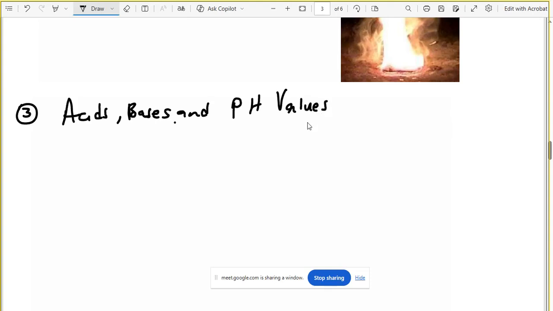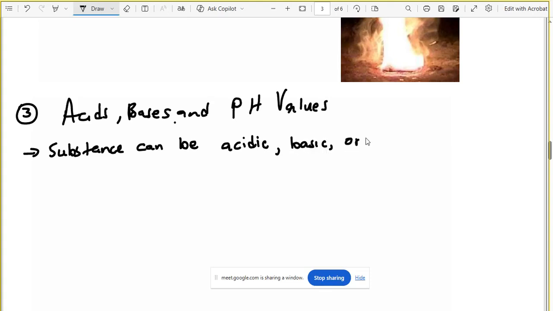Okay, so listen, a substance can be acidic, basic, or neutral.